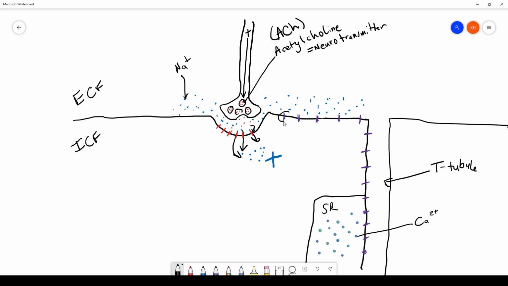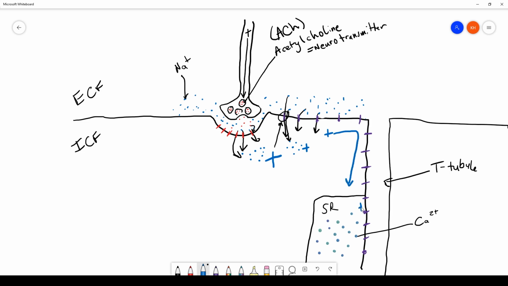These voltage-gated sodium channels recognize this charge and open to allow additional sodium to flow in. As sodium begins to accumulate on this side of the membrane, the charge is passed down, causing additional channels to open and allowing more sodium to flow in. Effectively, this has a cascade effect where the positive charge gets passed along the membrane and down the T-tubule.